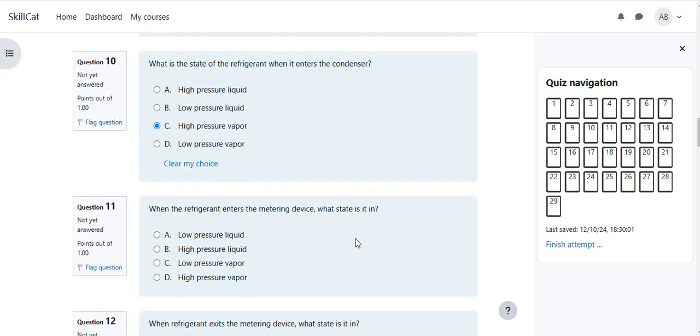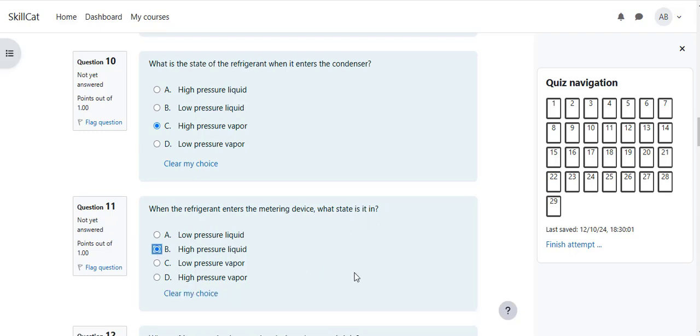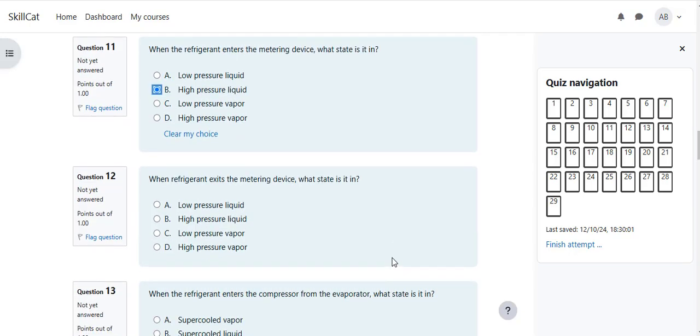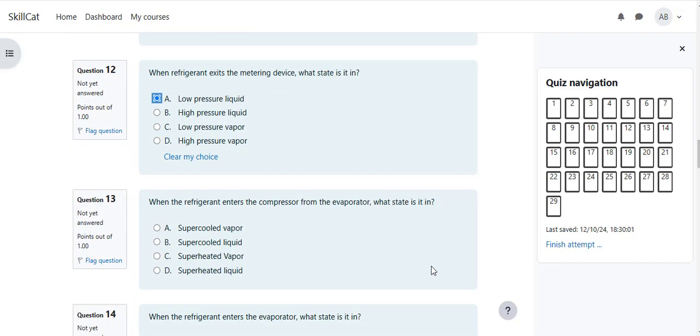When the refrigerant enters the metering device, what is the state? It will be liquid, high pressure liquid. When refrigerant exits the metering device, what will it be? Low pressure liquid.